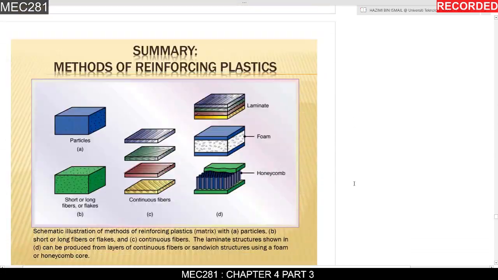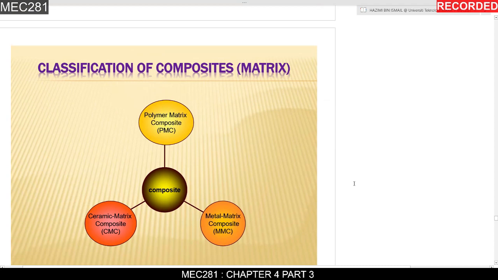Okay, so the composite also has 3 categories. Polymer matrix composite, PMC. Based on the matrix, it has another 2 types, ceramic and metal. For the ceramic, we call it CMC, and for the metal, we call it MMC.